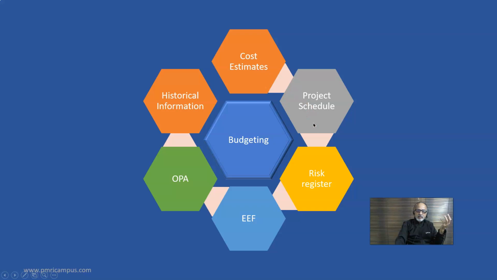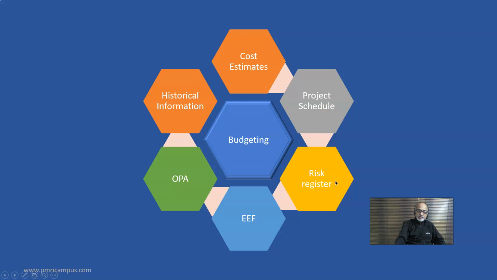Then in order to spread it on a timeline, we need to know the schedule, major activities or the high value activities. What is the start date and end date, which month they are starting and which month they are ending. This kind of information is important to arrive at the cost baseline. So project schedule becomes an input.